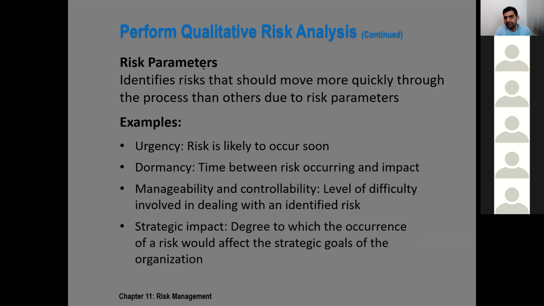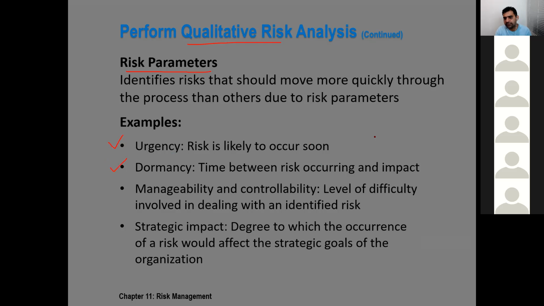Risk parameters: when we are doing qualitative analysis, we consider a few other parameters on top of probability and impact. For example, urgency, that is about timing. If the risk is going to occur straight away, then its priority would be high.